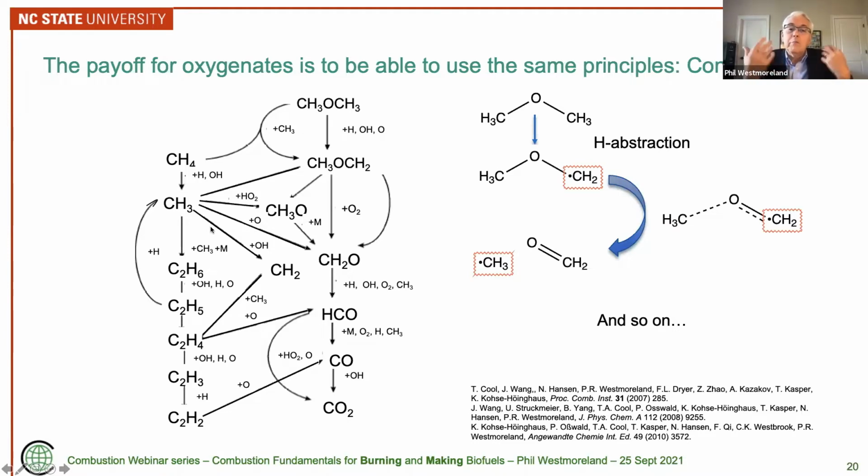So this notion of building on top of the information that we have, a hierarchical mechanism, but using these principles, abstraction, association, decomposition, or isomerization being the only reactions that we have if we take chemical activation into account.